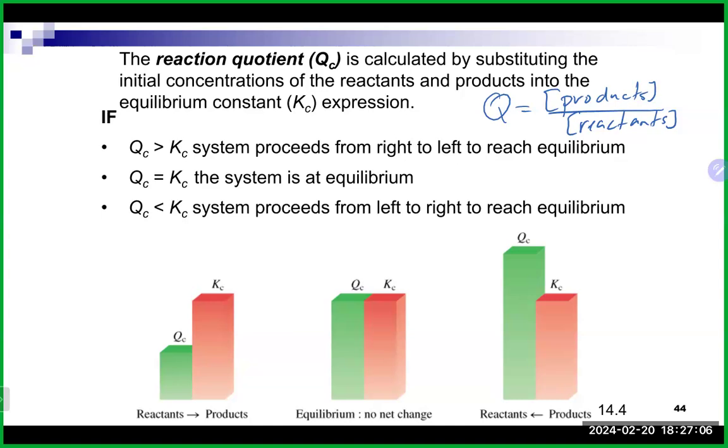If you calculate Q and it does equal the K value, then your process is at equilibrium, and you probably won't want to do much with it at that point. It's at equilibrium. And if you calculate Q and it is less than K, you are not at equilibrium, but in order to reach equilibrium, you would need to make more products.